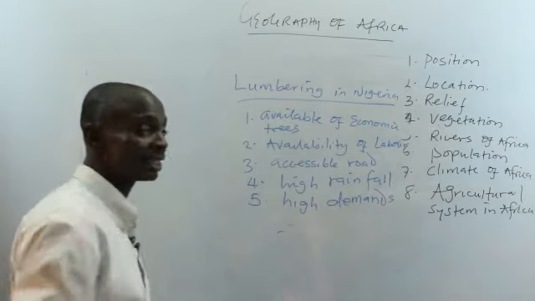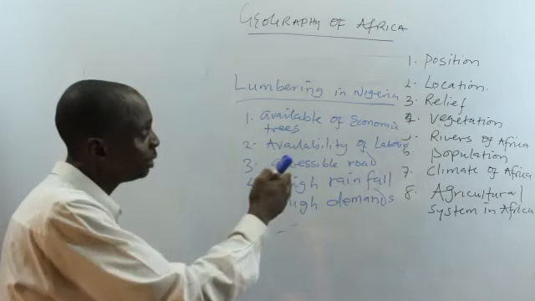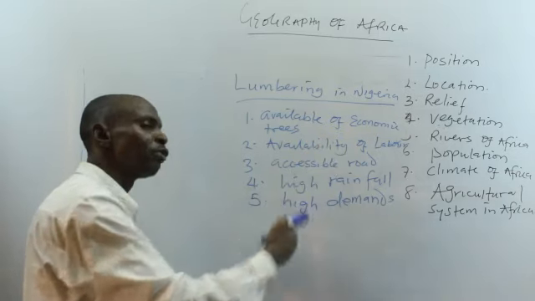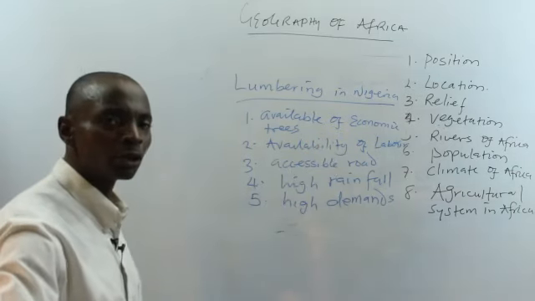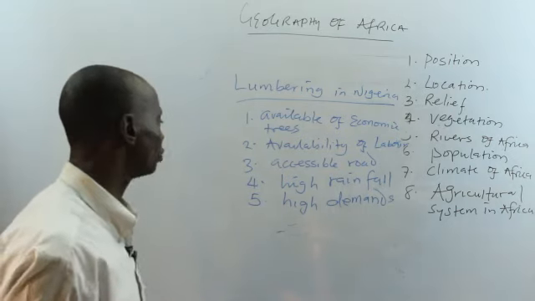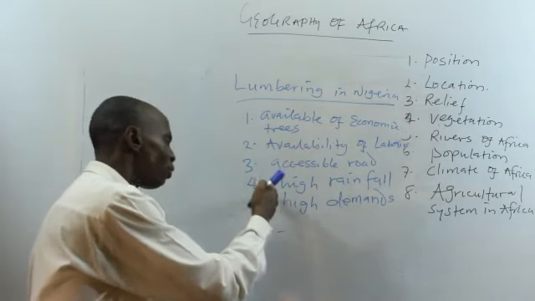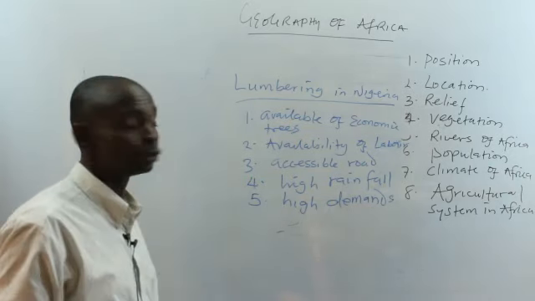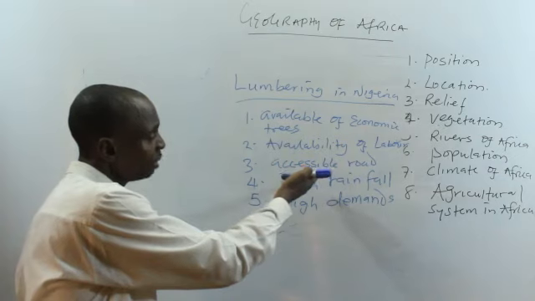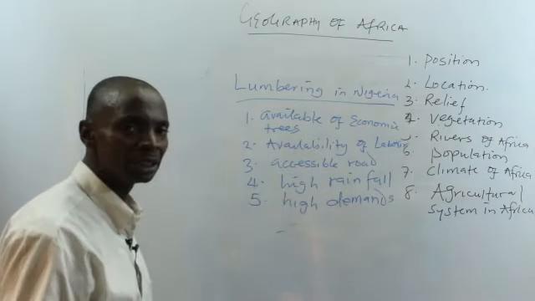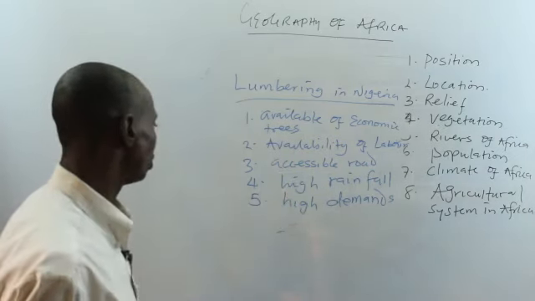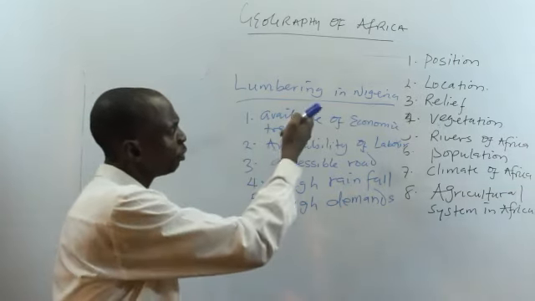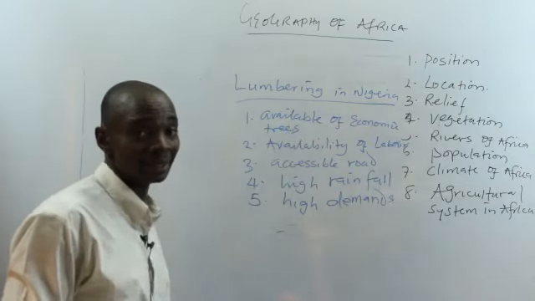Before, the place was not accessible, but because of the availability of lumberable trees, it forced government to construct a road to that environment. And number 4, it yields revenue to the government. Those people that come there to cut down these economic trees pay money to either local government or state government coffers. So these are the importance of lumbering activities in Nigeria.